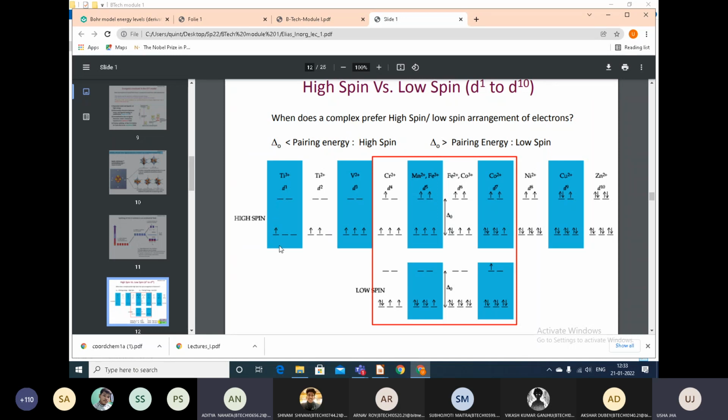Let us look at some complexes. Suppose you have titanium +3. It has only one electron. Where will this electron go? Before the ligand approached, the orbitals were degenerate, so the electron could have gone into any of them.